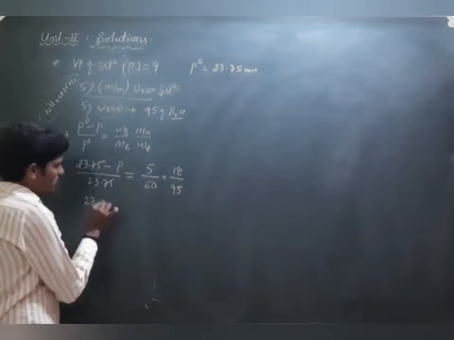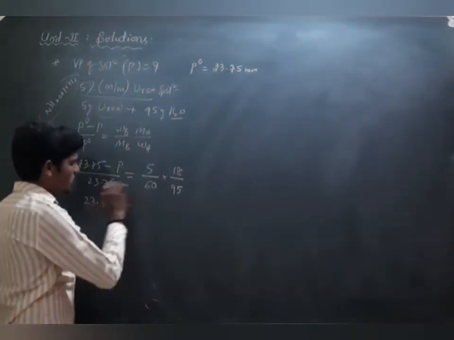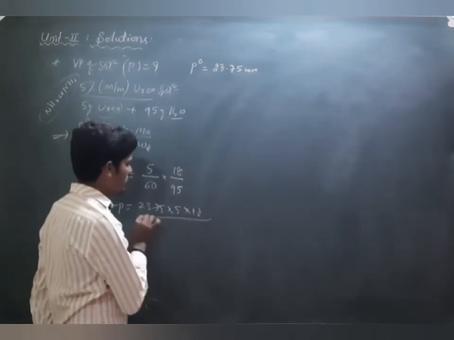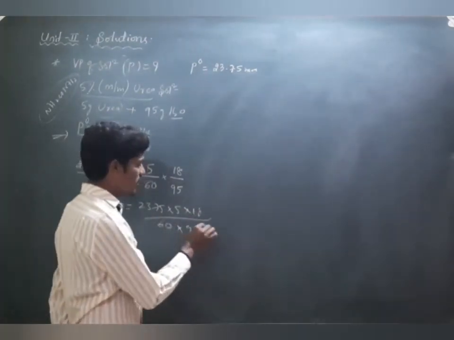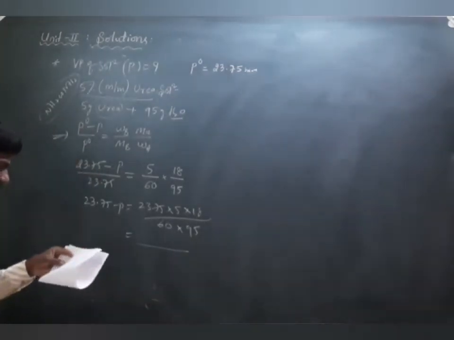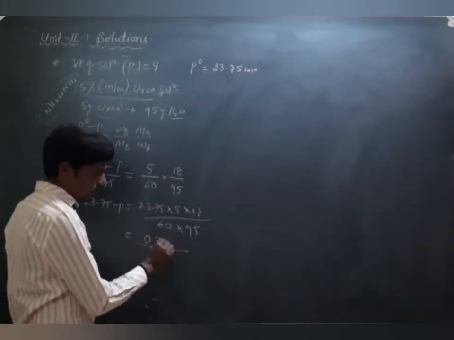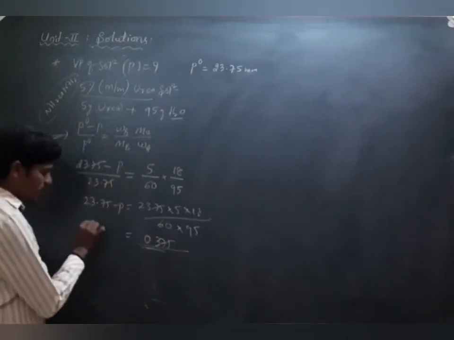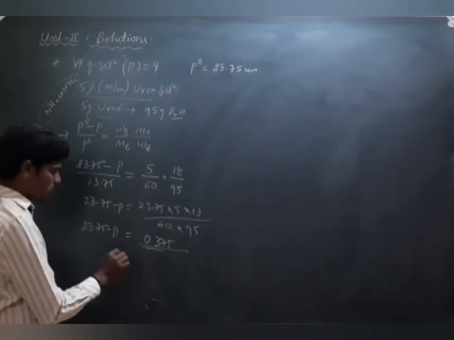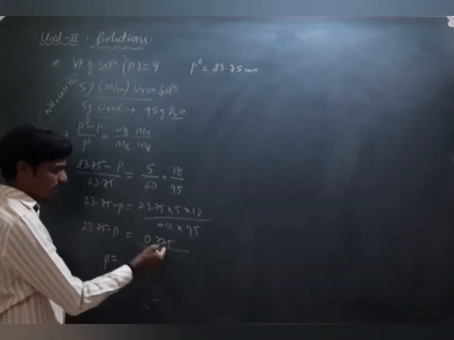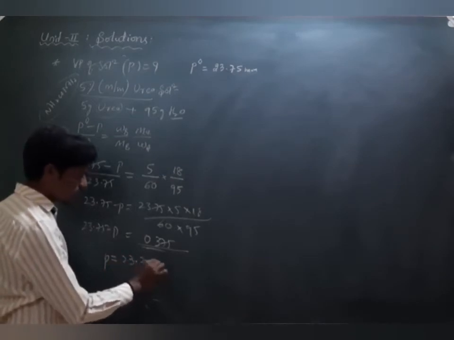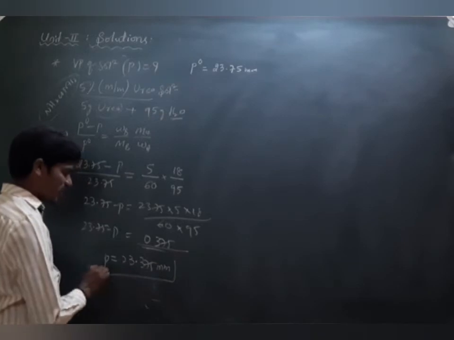Simplify: 23.75 minus P is equal to 23.75 into 5 into 18 divided by 60 into 95. Check the answer. It is 0.375. So P is equal to 23.750 minus 0.375, that is 23.375 mmHg. Verify the calculations.